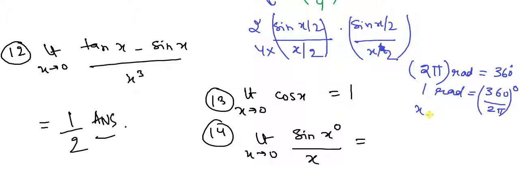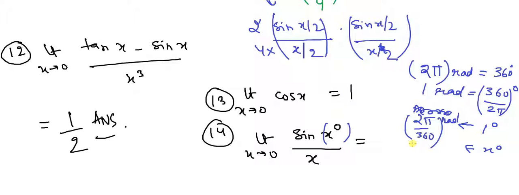Now the question is dealing out with degree, and sine always involves theta to be radian, so you need to put theta to be radian in this question. How you're going to do that is to reverse this values. 1 degree will be how much? That will be 2 pi by 360 radians. So x degree will be x into 2 pi by 360, this will be in radians. So you can put this here.